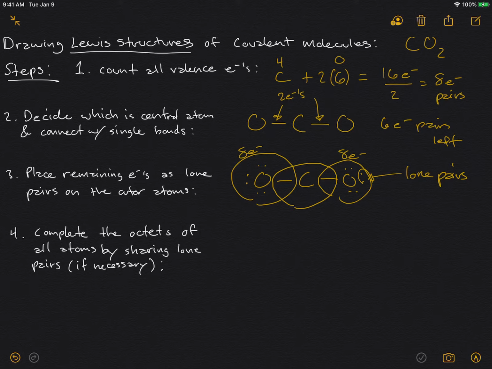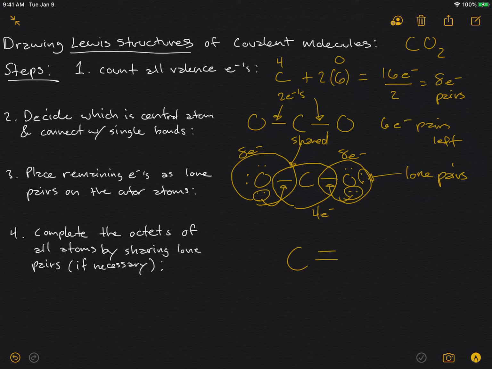So these electrons that are the bonds are shared. They belong to carbon and oxygen. So carbon only has 4 electrons around it, and it wants to complete its octet, so it needs 4 more, or 2 more pairs. The way that we can do that is to take one of these lone pairs and share it between carbon and oxygen.